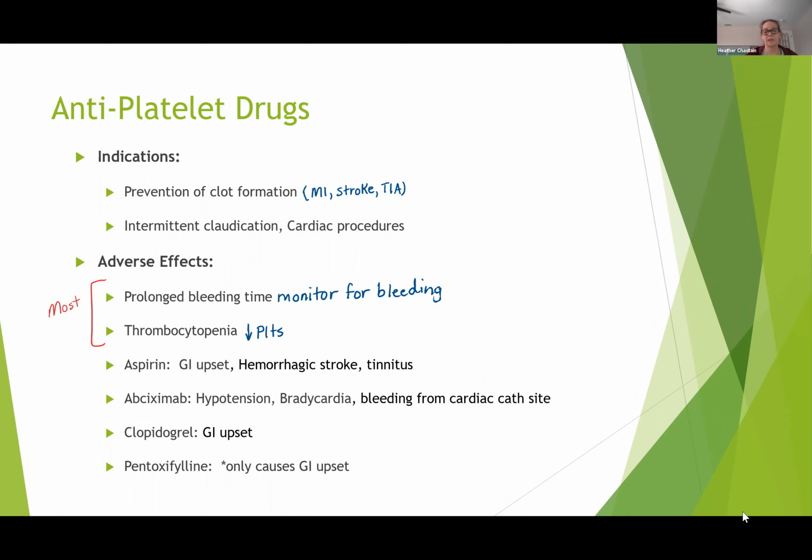So we're going to monitor our platelet count, okay? Aspirin specifically causes GI upset as well, and can cause hemorrhagic stroke and tinnitus. Okay, so that's ringing in the ears and hearing loss. So we want to monitor for hearing loss, and we need to stop it if it occurs.